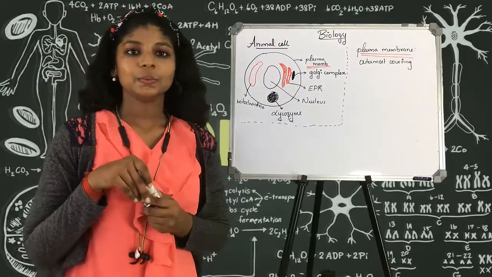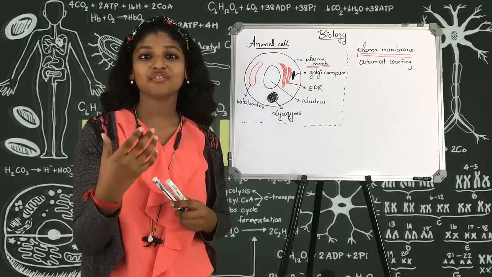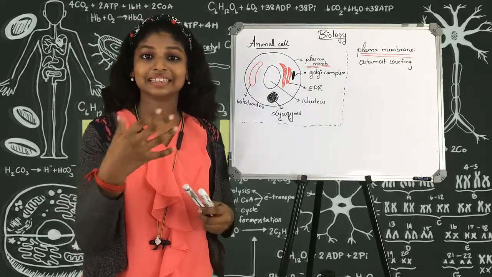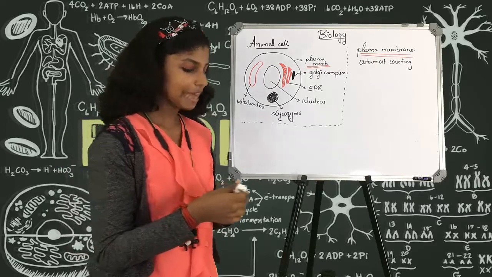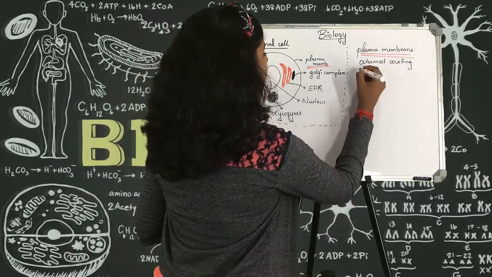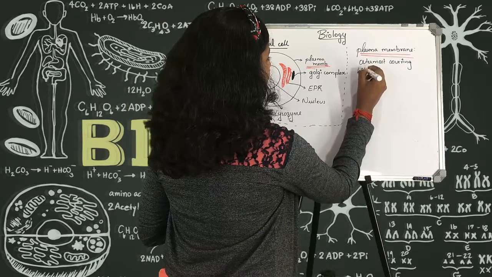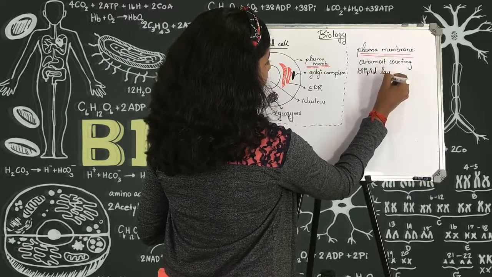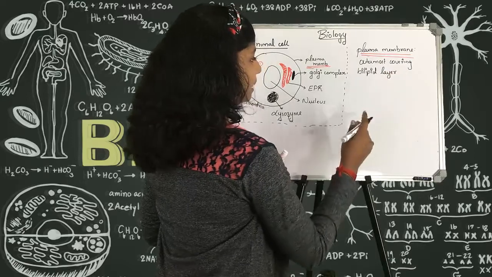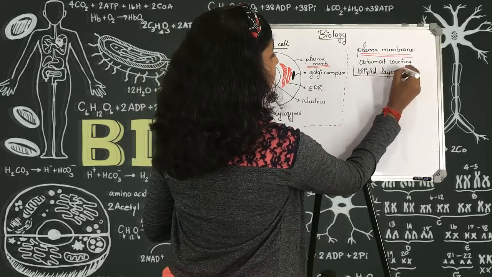Okay, now shall we look at the structure, how the plasma membrane looks like? The plasma membrane is actually a bilipid layer. This is actually a bilipid layer.